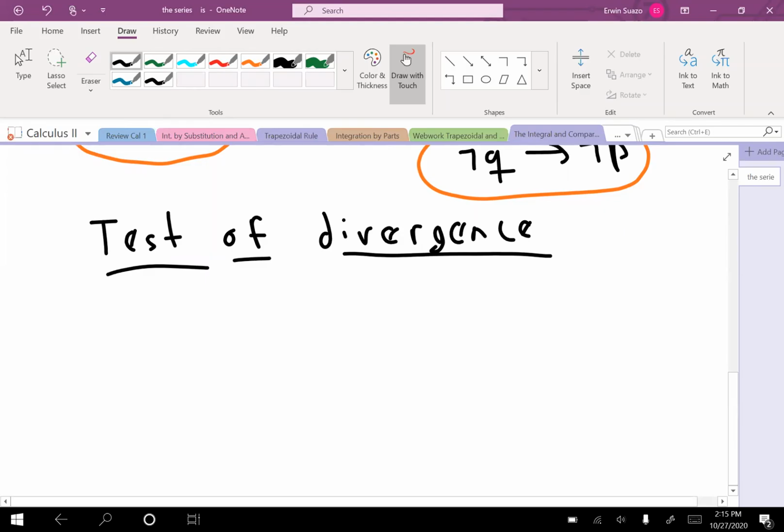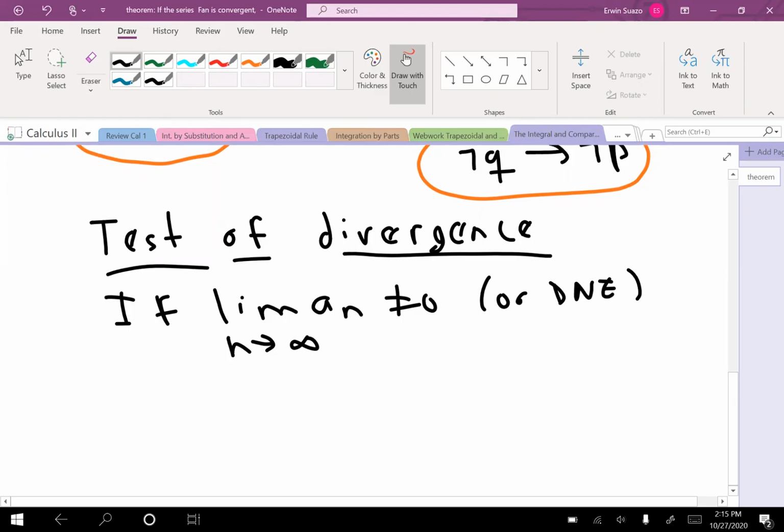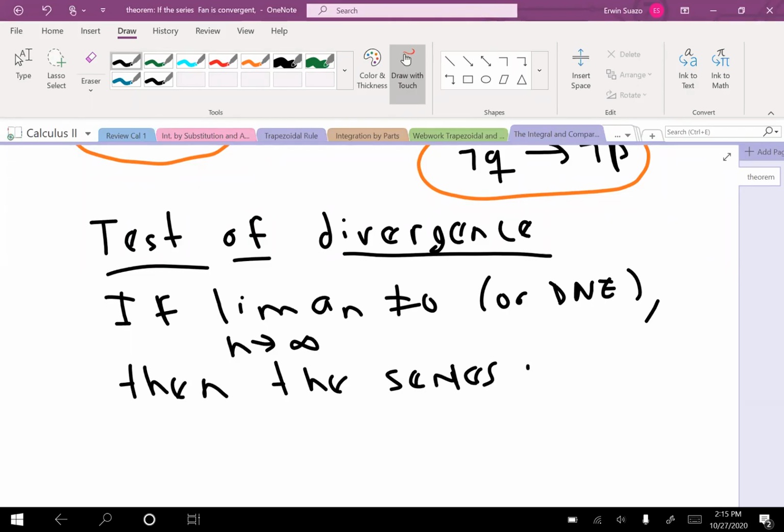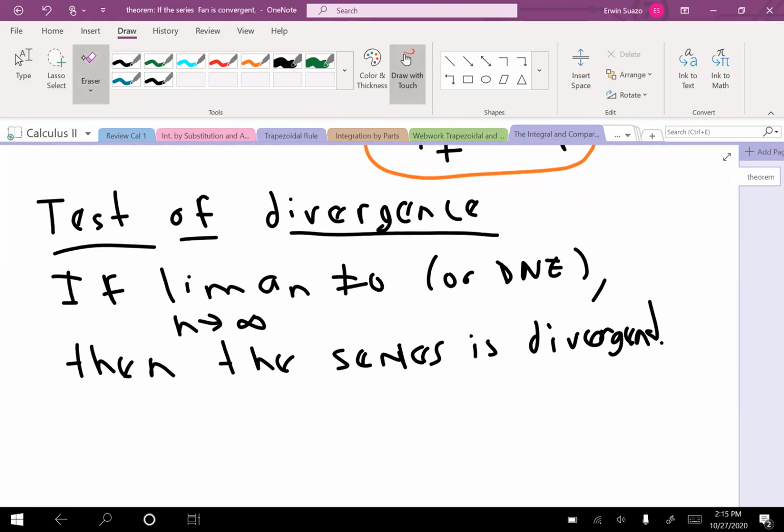It says if the limit of a_n when n goes to infinity is different from 0 or does not exist, then the series is divergent. This one is important.